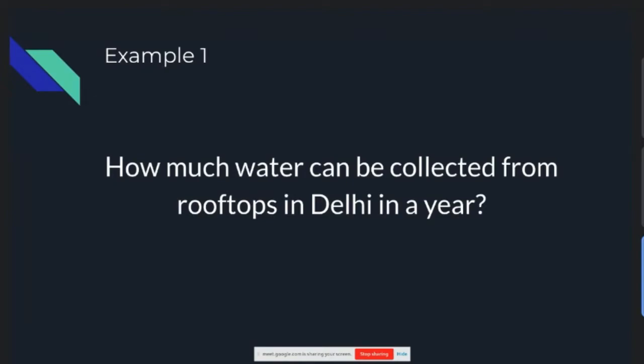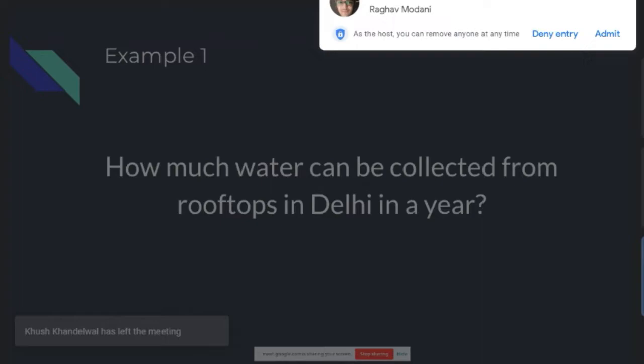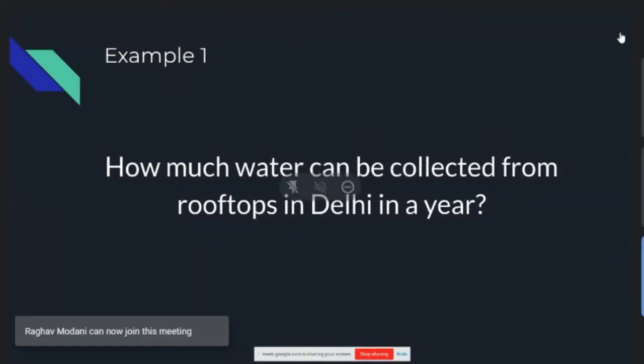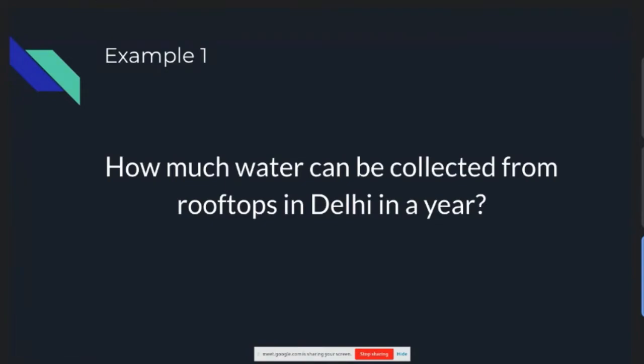You can always ask clarifying questions: do you want me to look at ambulances sent by only big hospitals or private hospitals, or do you want me to calculate the number of ambulances for both private and government hospitals? These are some clarifying questions you can ask the interviewer before proceeding to actually solve the guesstimate.